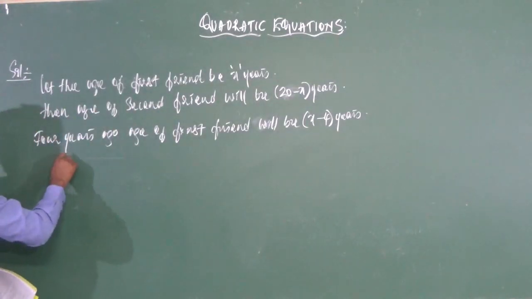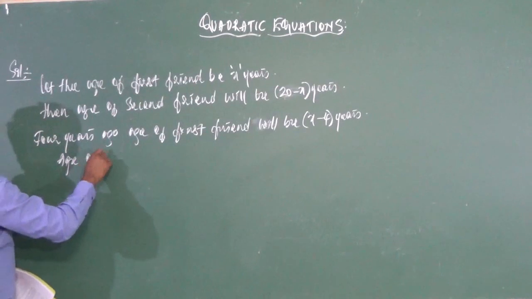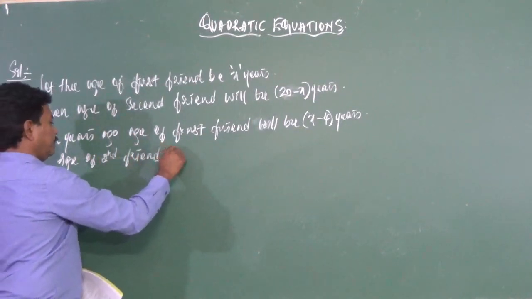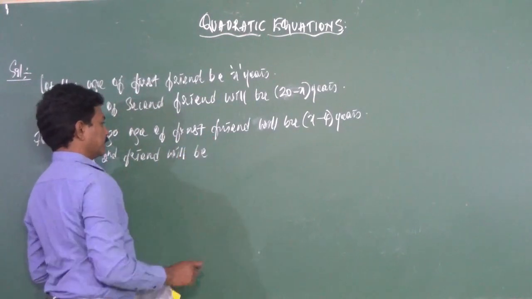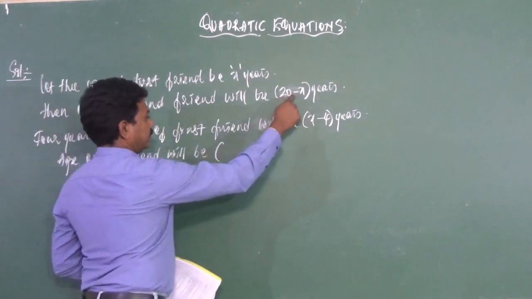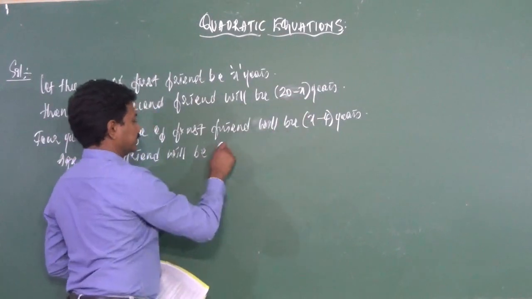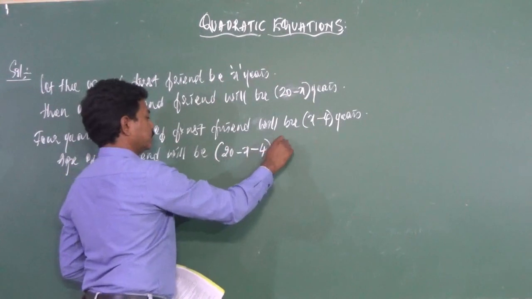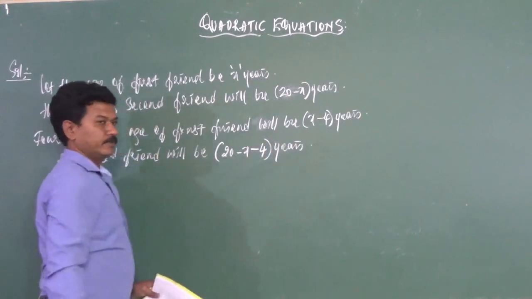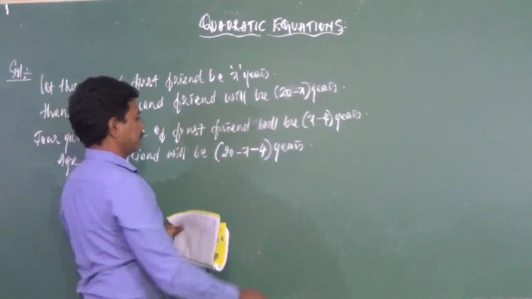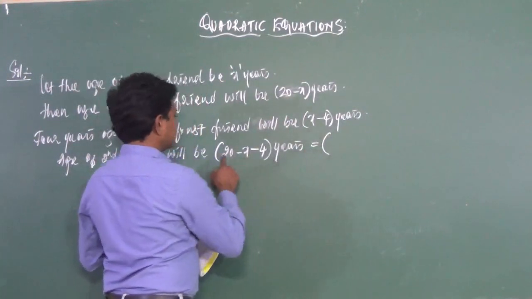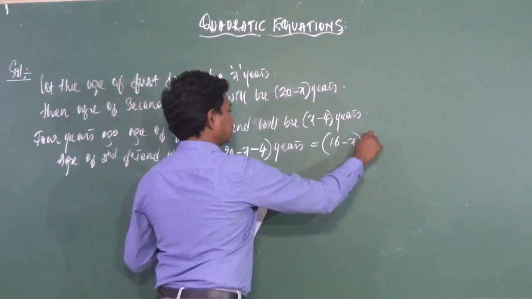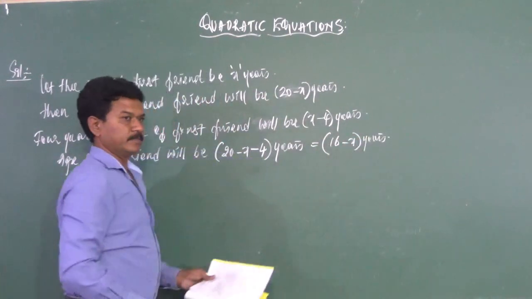So age of second friend will be, already his age is 20 minus x, 20 minus x minus 4 years. Very important, minus 4 years. So if you simplify this, you are going to get it as 16 minus x years. Okay, no problem. Here itself you can simplify that.